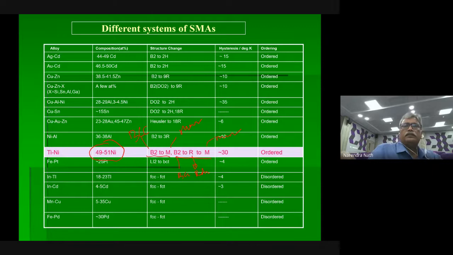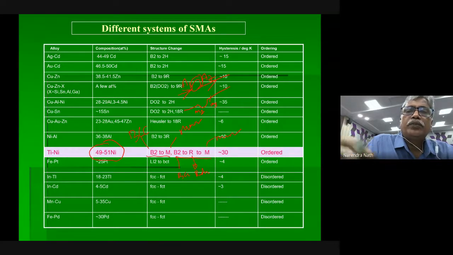It is like this. Suppose heating: austenite starts, austenite finishes. Now this is actually B2 to M, or else I can add another curve. Now you see here, MS starts, MS finishes. So in the bump area, you see there is no other peak.